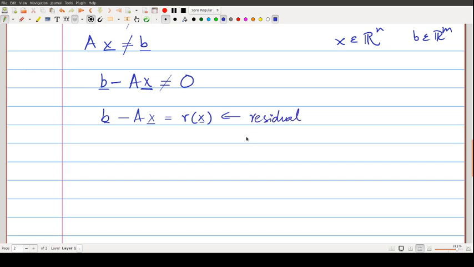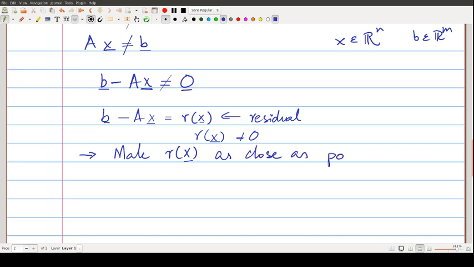If I can't find r(x) to be 0, maybe the next best thing that we can do is to minimize r(x), that is, make r(x) as close as possible to 0.